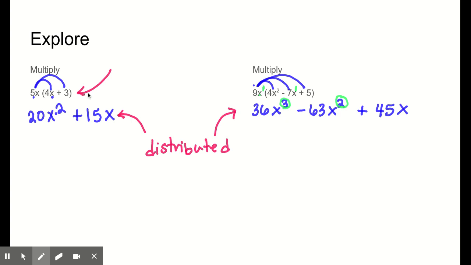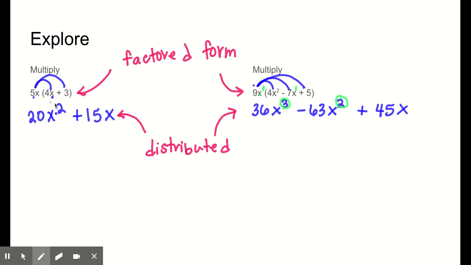These polynomials that we have here are what we call factored form. And if you go back to the vocab term that I just talked about on the previous slide, I said that factoring is rewriting a polynomial as the product of its factors.